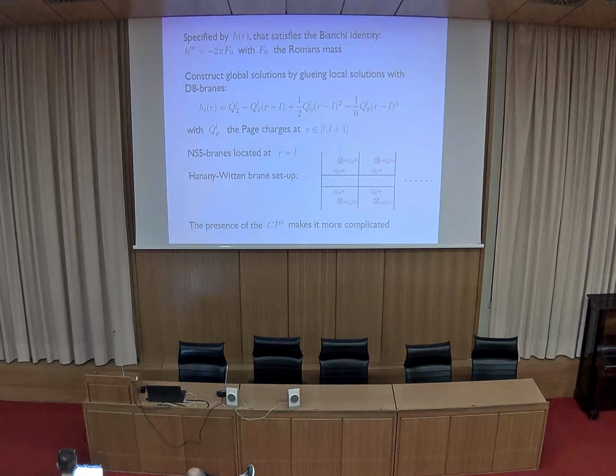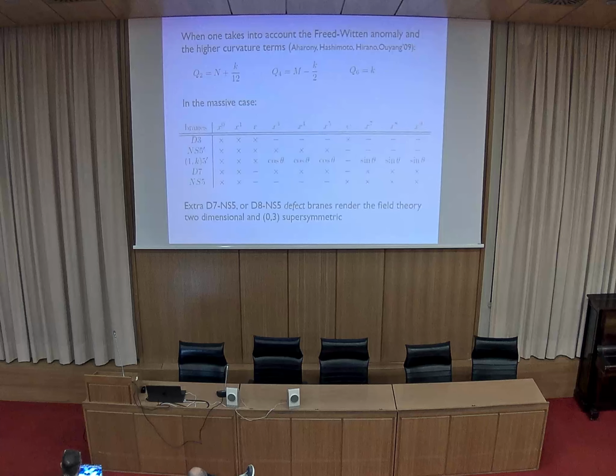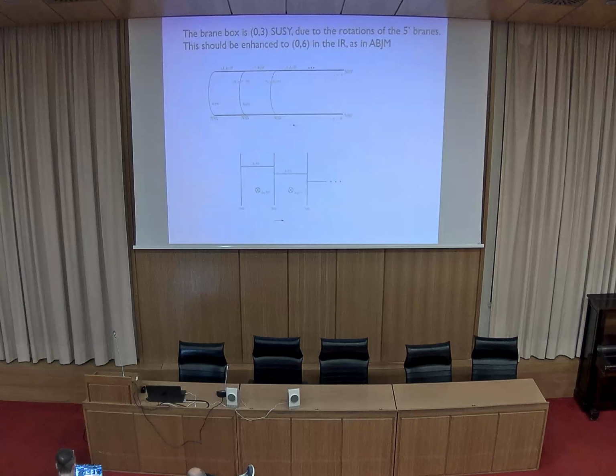Okay? And therefore, once we make the translation from charges to actual field theory charges, taking into account the higher curvature terms, this will impose how the numbers of branes in all these configurations change as we move in R. Okay, so this is the setup.